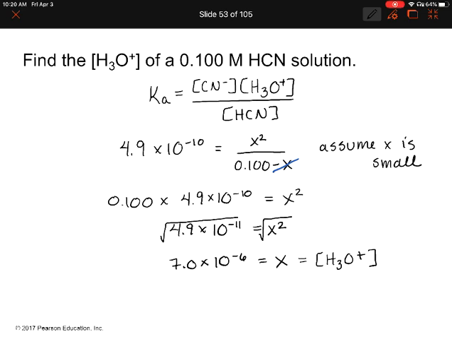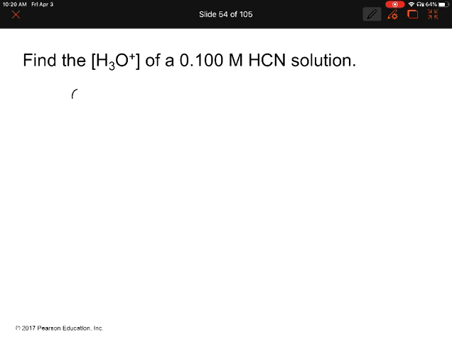But we should always check our answer first and make sure that it is valid. We also should check our assumption. So let's check. So first let's check our assumption that x is small.